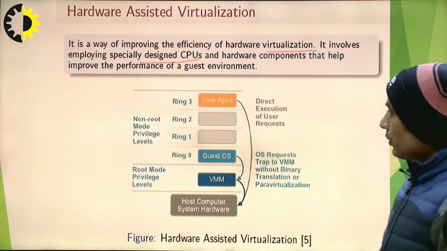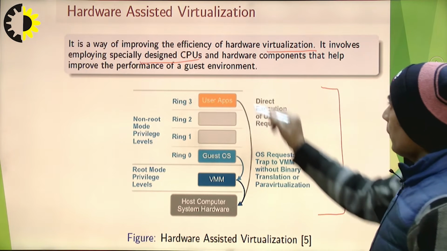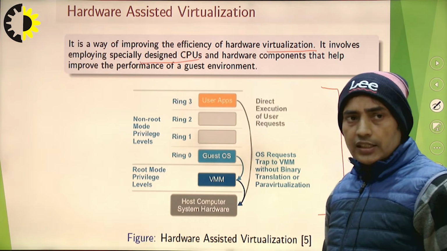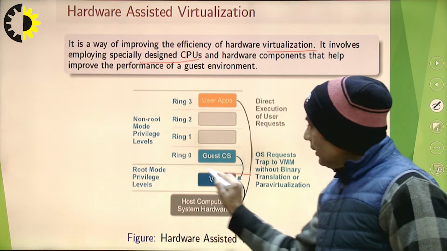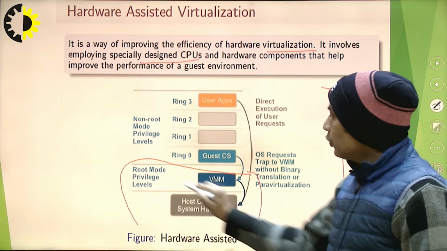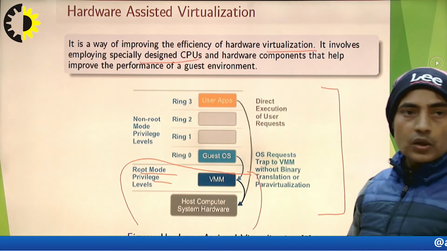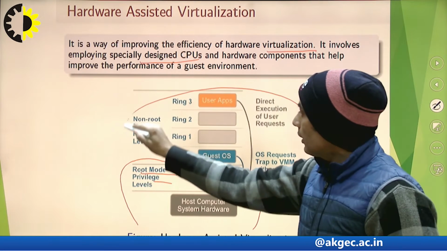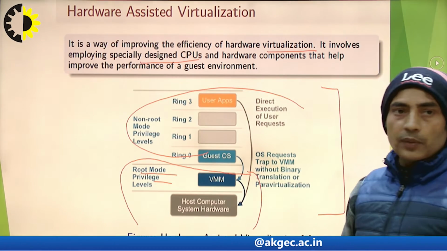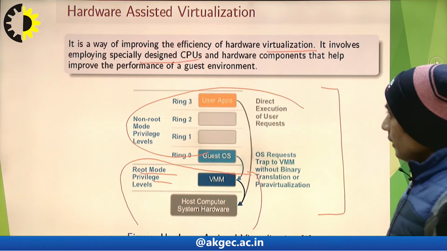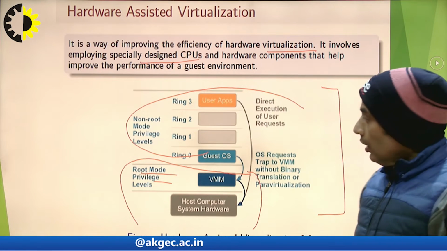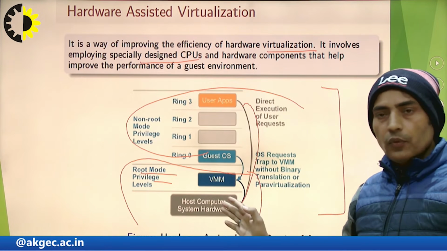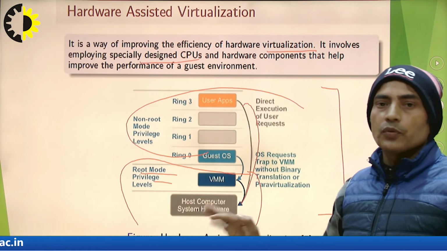Here is the diagram of hardware assisted virtualization. In this, the VMM is kept in root mode, the most privileged mode, and all the guests are kept in non-root mode, the less privileged mode. The main difference is that non-critical instructions are directly executed on the hardware, in the same way as in para virtualization or full virtualization.